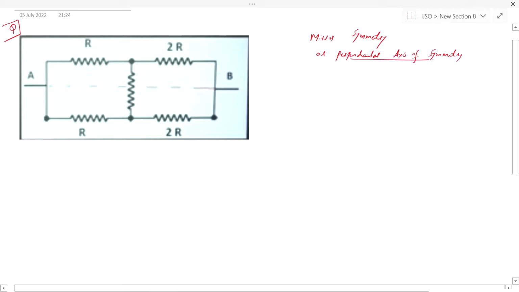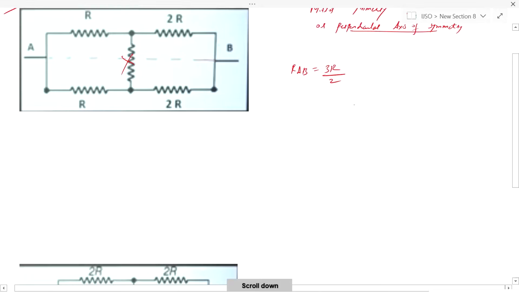So this will be removed. Correct. So it's 3R by 2. That is, RAB will be 3R by 2.